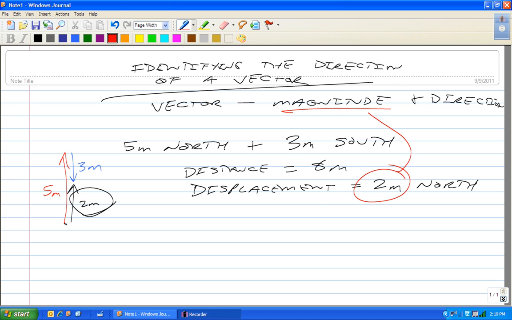so this, right, is the magnitude, and north in this case is the direction, which is really straightforward when I just go north and south.